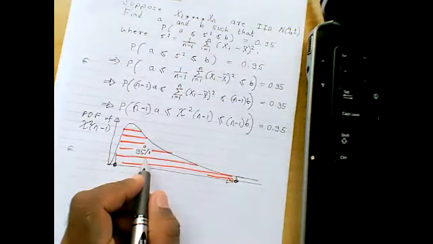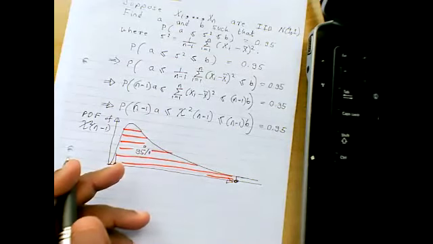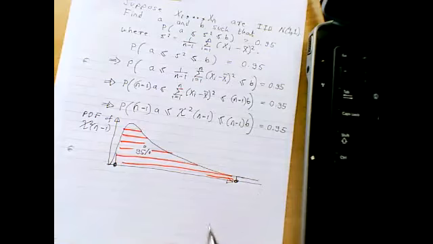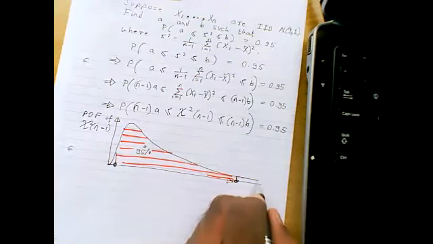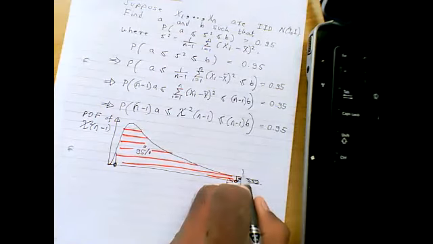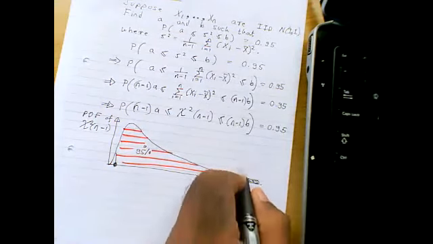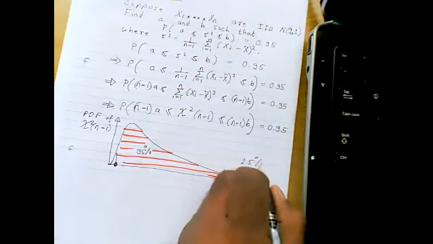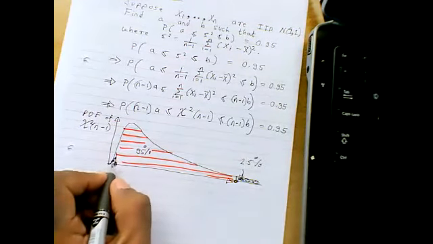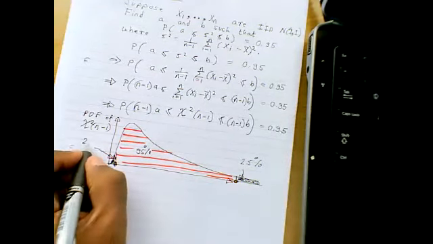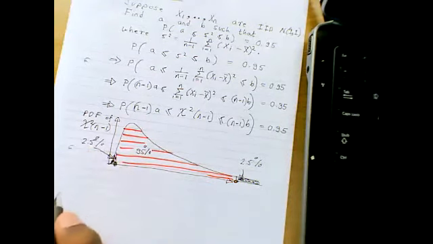There are multiple ways you can do this. One way is to take this area here to be 2.5% of the total area, and take this area to be 2.5% of the total area.